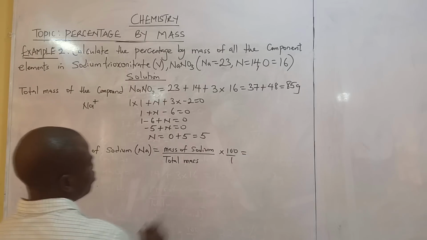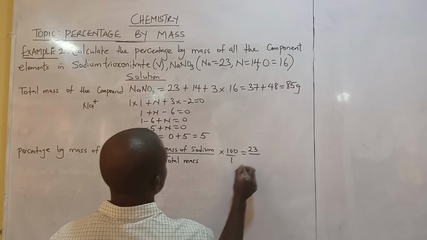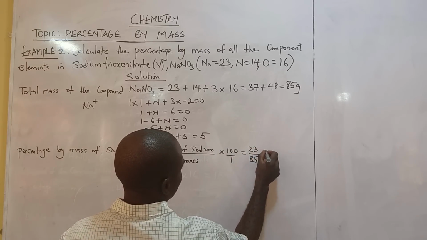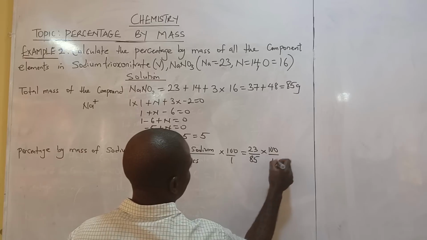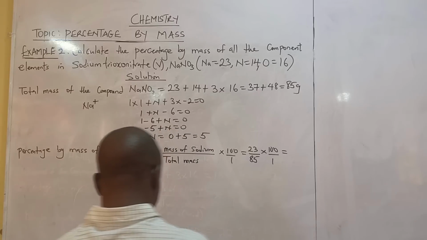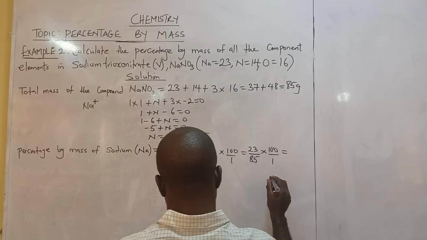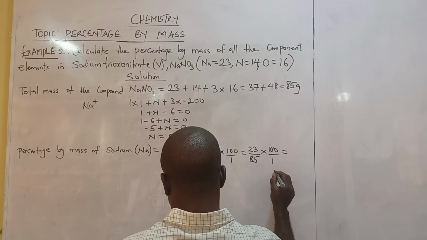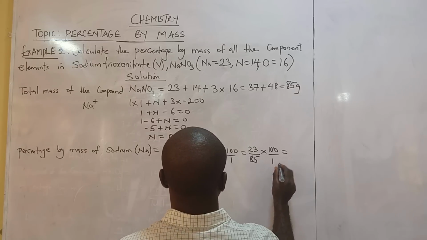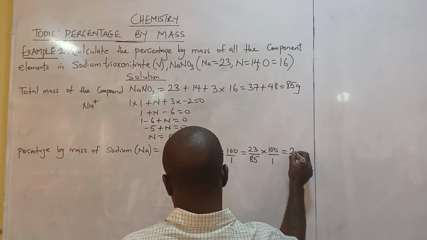What's the mass of sodium? We have 23 over total mass, which is 85, times 100 over 1. When you press your calculator, you have 27%.